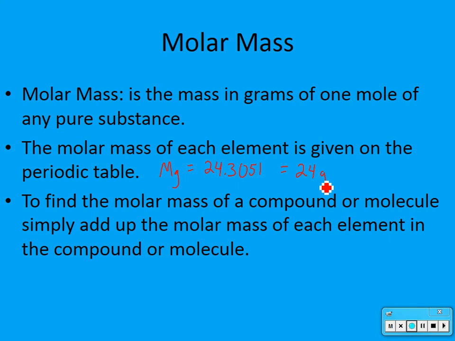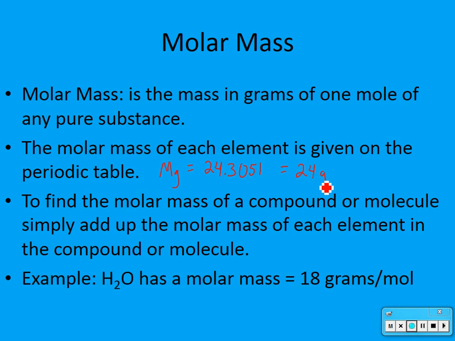All right, to find the molar mass of a compound or a molecule, simply add up the molar mass of each element in the compound or molecule. For example, for water, we would have to look up hydrogen. Hydrogen's molar mass, if you look on the periodic table, is 1. But notice, I've got 2 of them, so I'm going to add another 1.